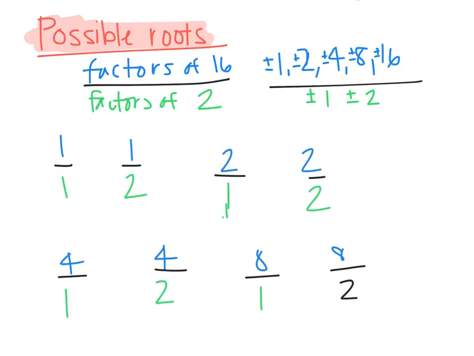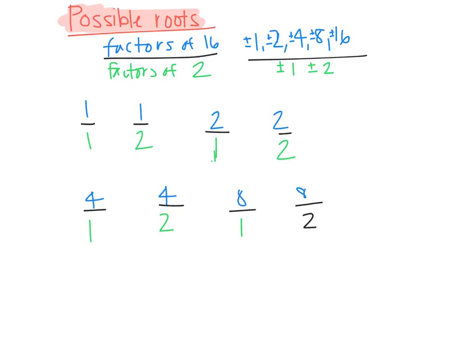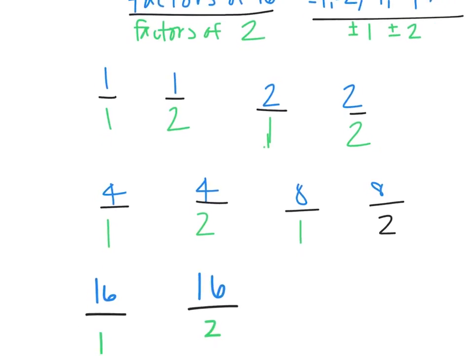And then lastly, I have to divide 16 by 1, and I have to divide 16 by 2. So now I have divided everything that was in the numerator by everything that's in the denominator. Well, let's actually do the math and let's simplify these.